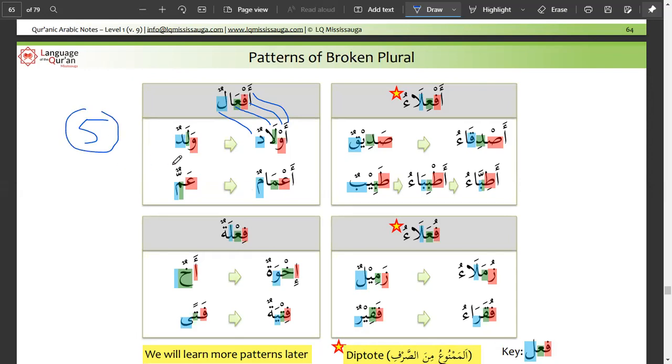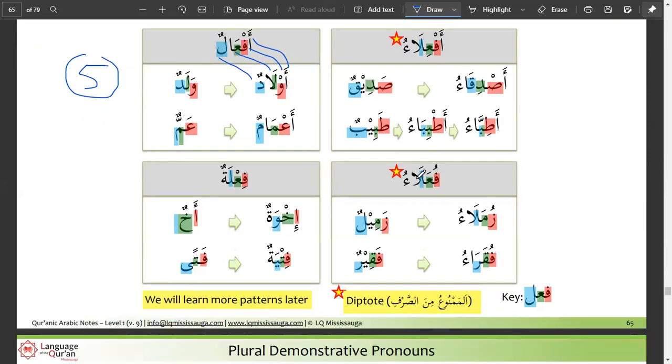Now we learn number 6. It is fi'latun. Akhun, ikhwatun. Fatan, fityatun. Hamza is fa, kha is ain, waw is lam, and ta is ta.